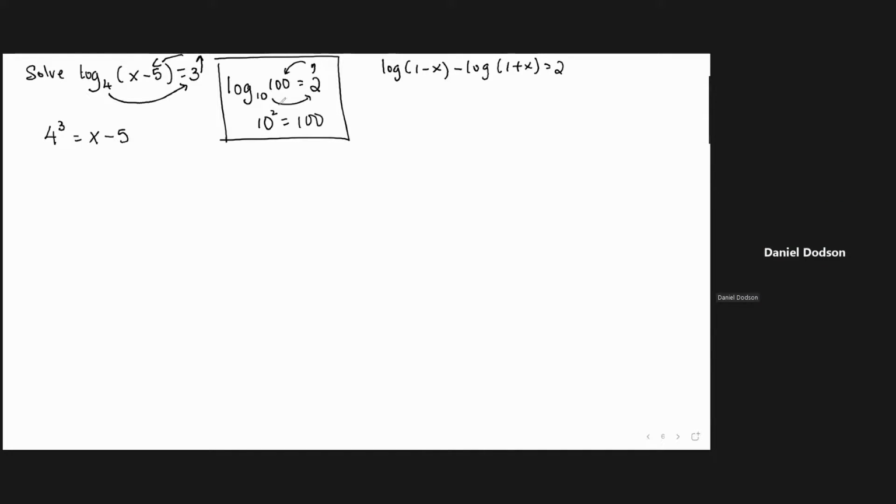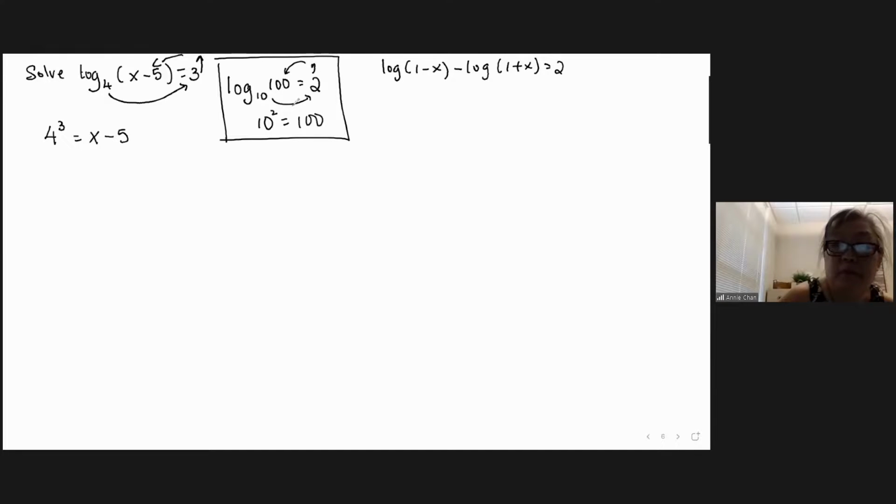Got it. Okay, now, if you notice how things are being moved, you see how the 10 moves to the other side. Okay, maybe I should rewrite this one as 100 is equals to 10 to the power 2. Does that make it a little bit better? Okay.